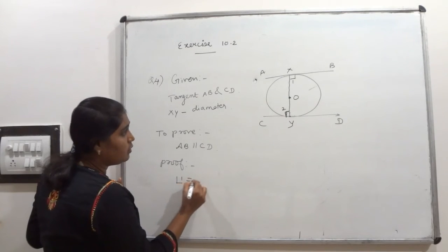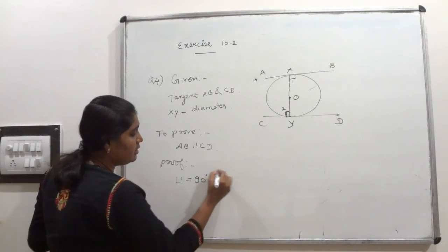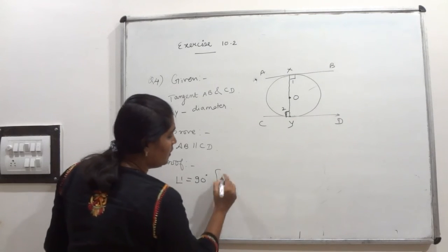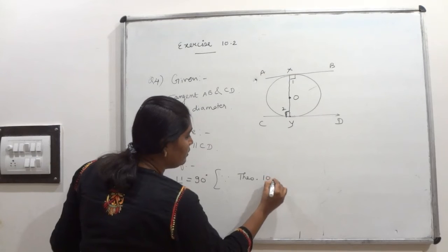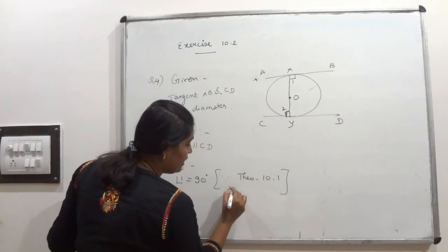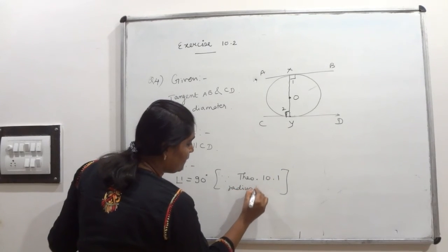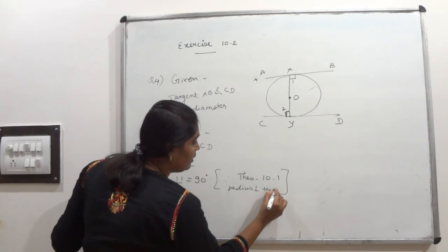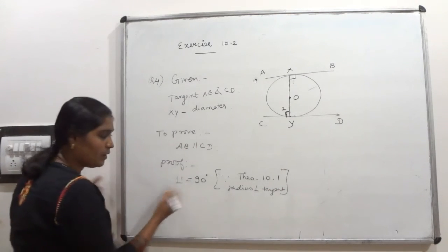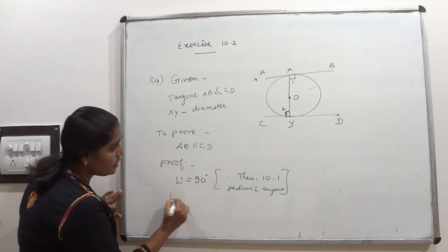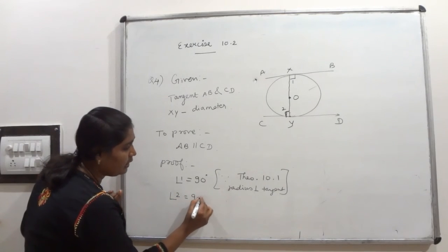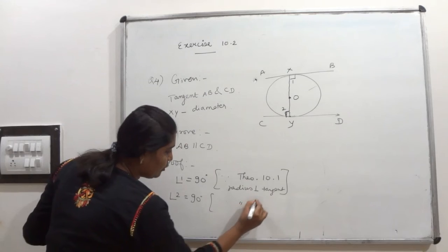Angle 1 equals 90 degrees, since by theorem 10.1 the radius is perpendicular to the tangent. That's why angle 1 equals 90 degrees. In the same way, here also angle 2 equals 90 degrees by the same property.